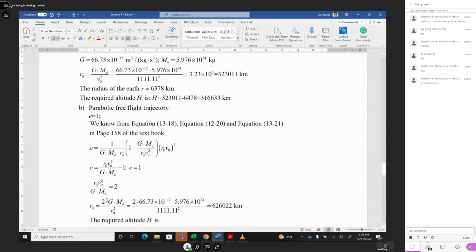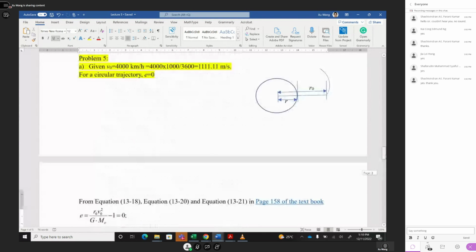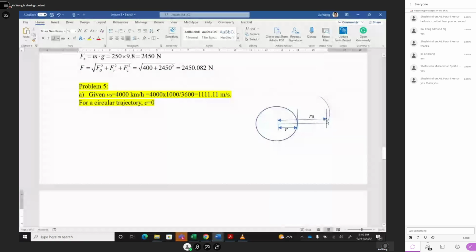G is the gravity constant, and ME is the mass of the Earth. You calculate R0. Then we know the radius of the Earth is 6,378 kilometers. So use this R0 minus the radius of the Earth, equal to the height. This is your R0 minus the radius of the Earth, and then you get your height.